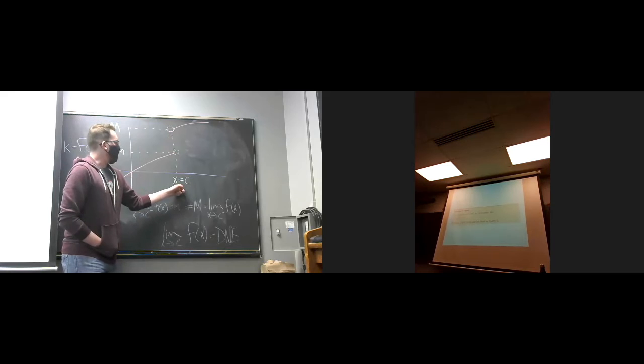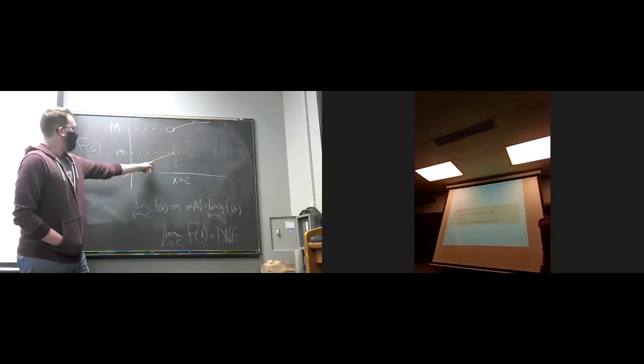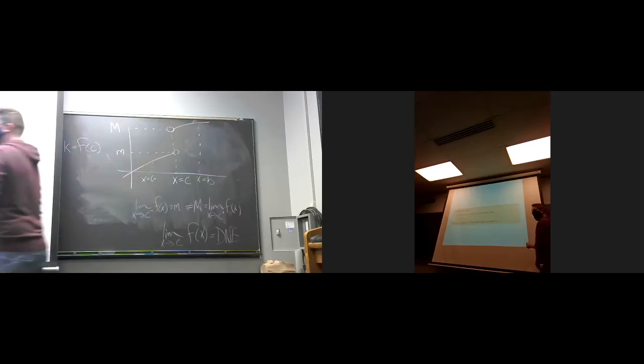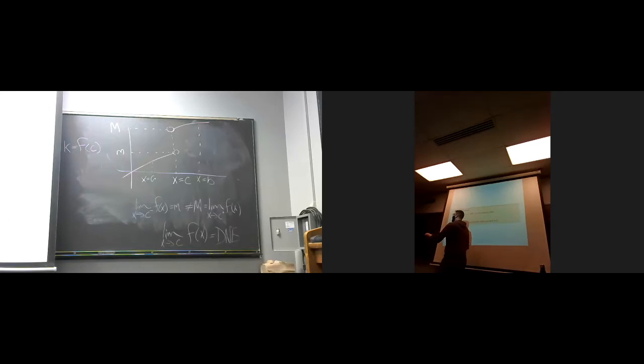And when you're taking the limit as x approaches c, then we would say it doesn't exist. But if we were to take it a little bit before, x equal to a, a little bit after, x equal to b, those limits would exist, just not at c. Does this make sense?